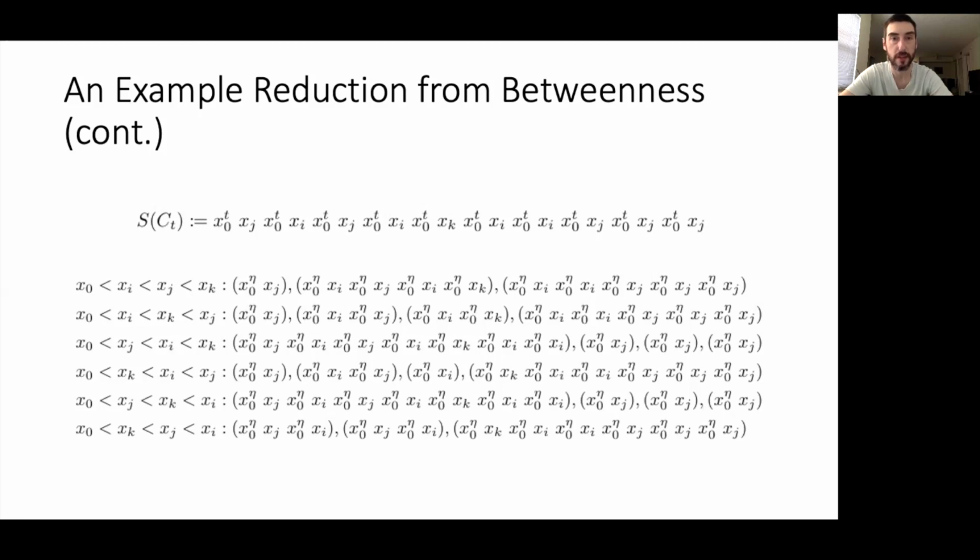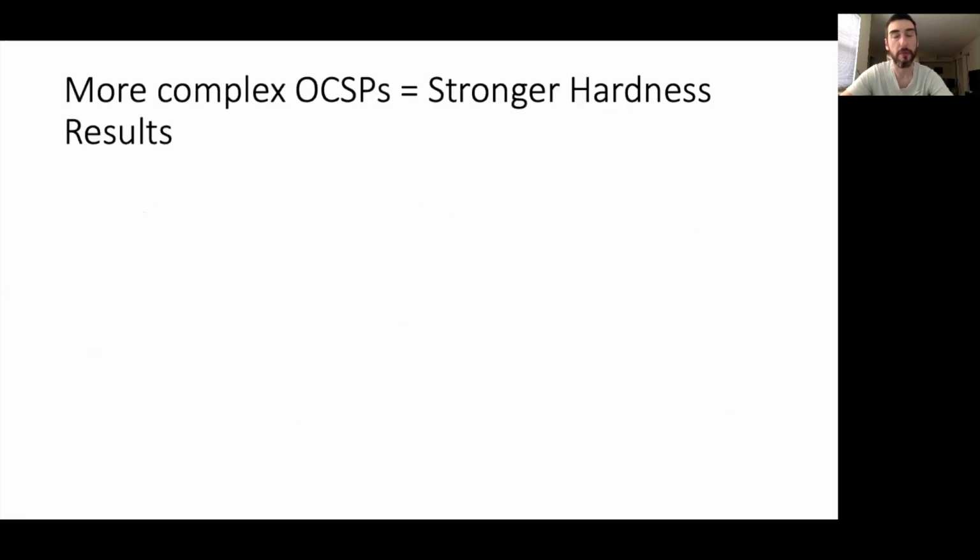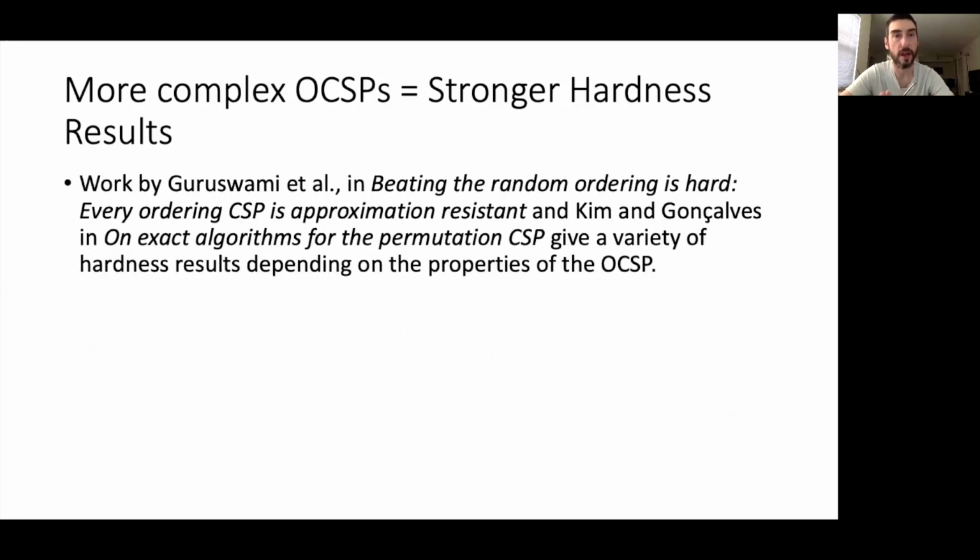But we'd like to do even more complicated ordering constraint satisfaction problems because it's been established that more complicated ordering constraint satisfaction problems lead to stronger hardness results. And that was established in these two works listed here.